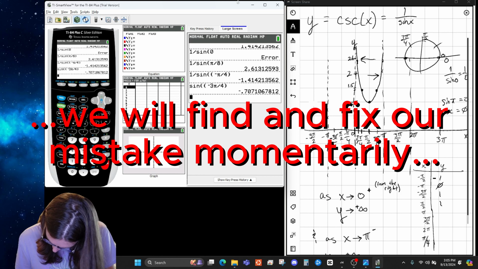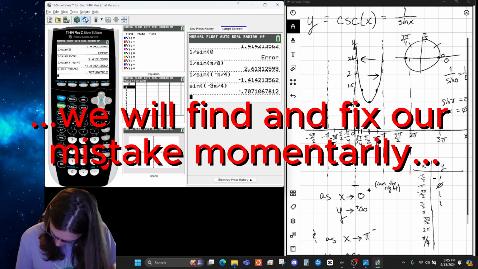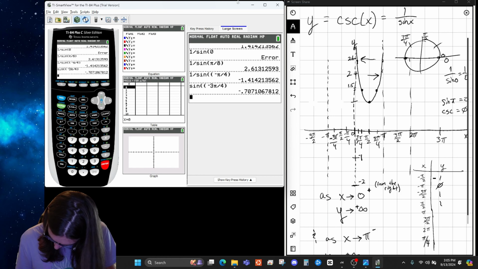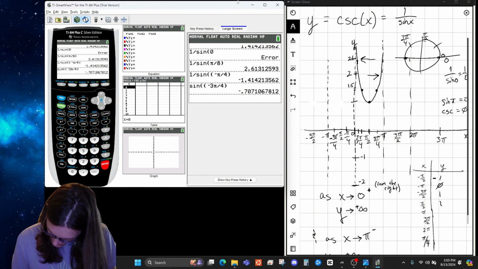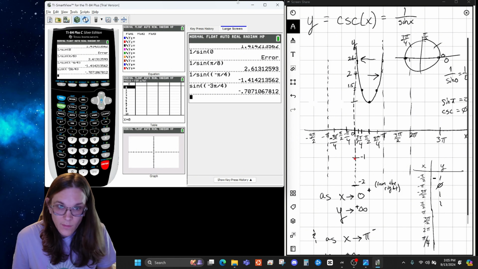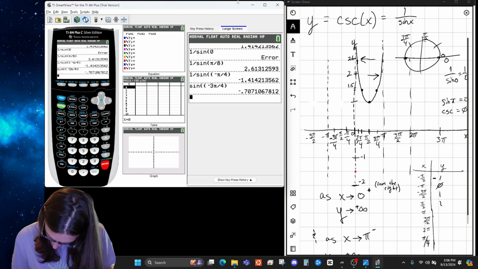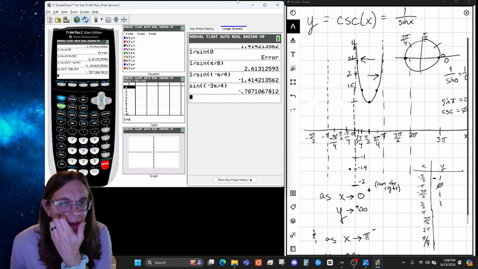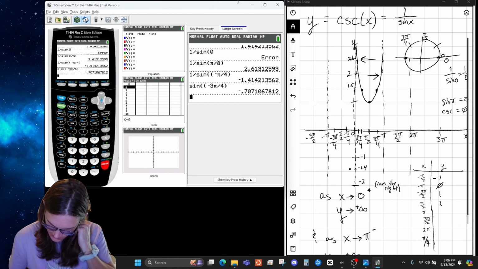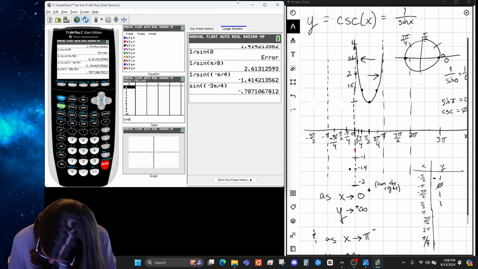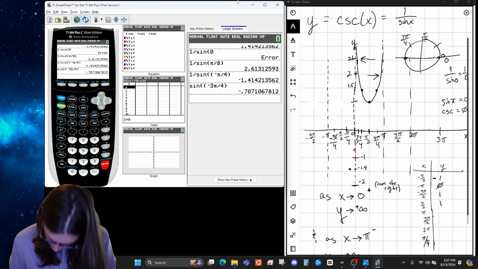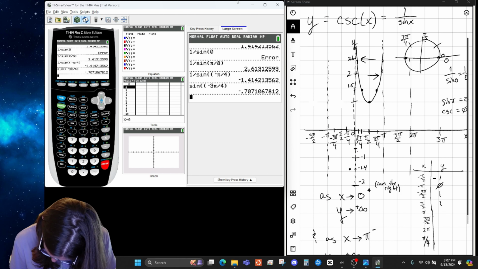I did 1 and 2, negative 1, negative 2, which means that at negative pi over 4, we get this negative 1.4-ish thing. Alright, I'll put a point there. And then as the graph continues over here, 0.707 is going to be somewhere around here.